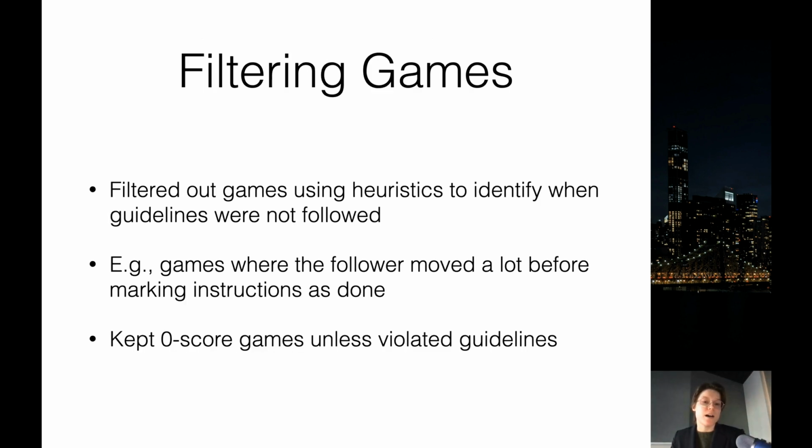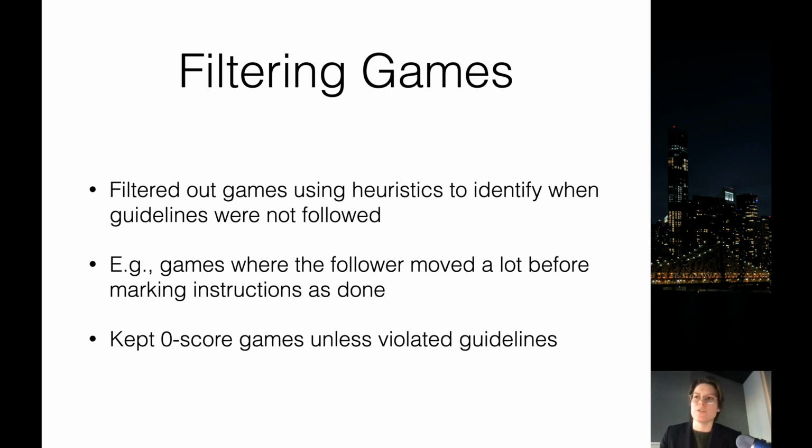So finally, after we get all our games, we filtered out some of the games that we thought might be violating some of the game guidelines we had. For example, we wanted to filter out games where the follower didn't know how to mark instructions as done. So we removed games where the followers' action sequences were way too long.